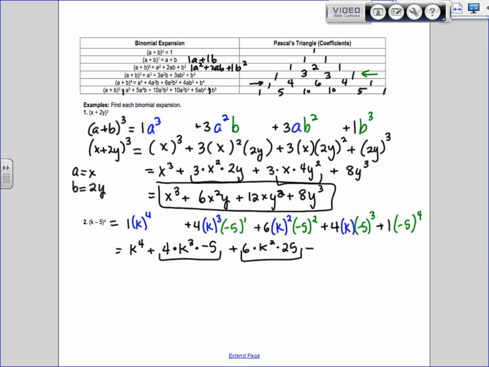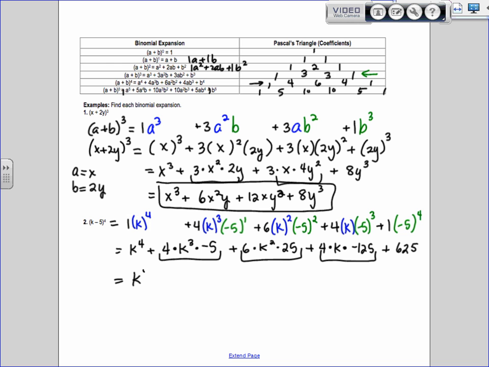Okay, and the next one I'm going to have plus 4 times K times negative 5 cubed, which is negative 125 all together. And then I have negative 5 times negative 5 times negative 5 times negative 5, which is 625. So you see how I got that? You can recognize what the terms are.